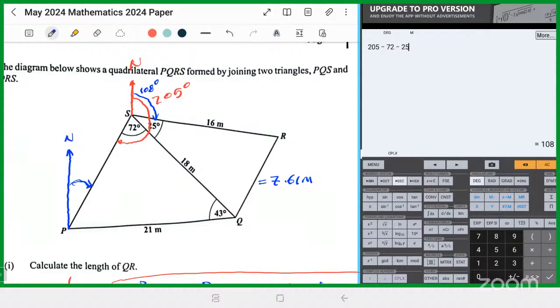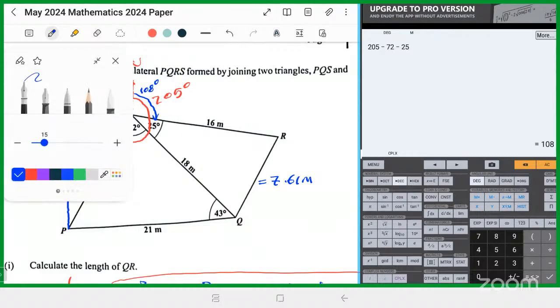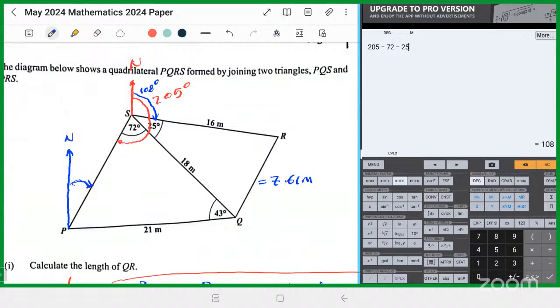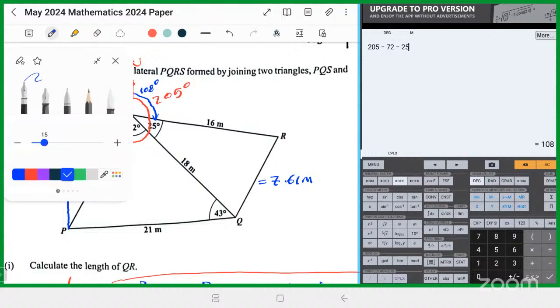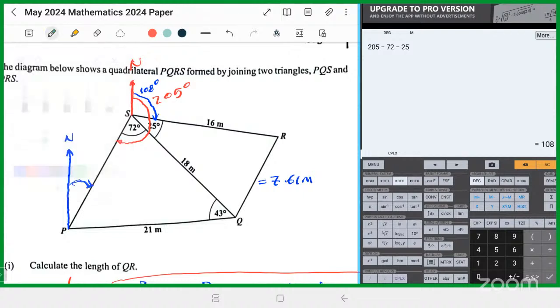To find that angle, most persons might first find this angle over here, and put it down in a different color, maybe green. Which is fine, which is 180 minus the 205. They would know that these two angles add up to 180 degrees because they are co-interior angles.